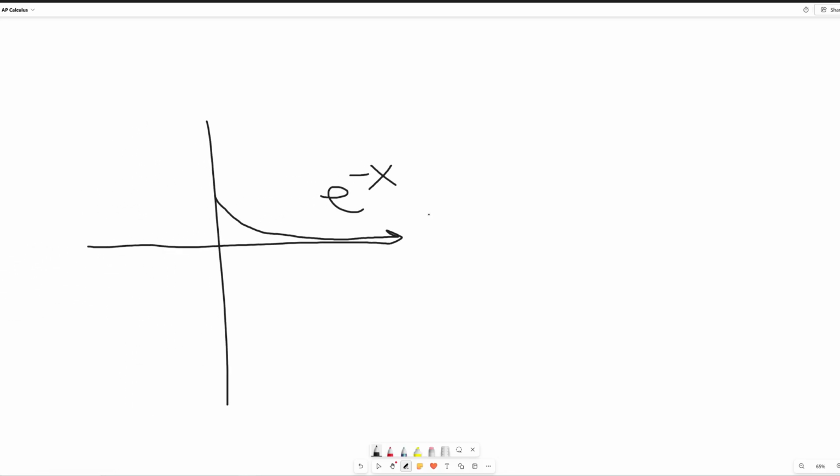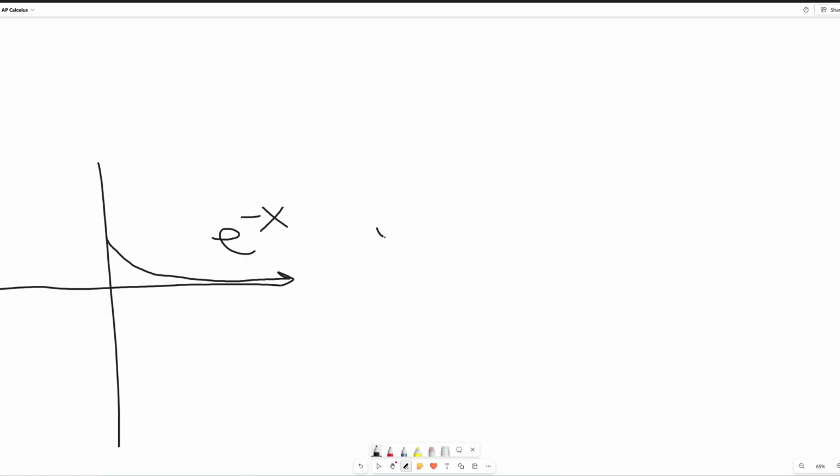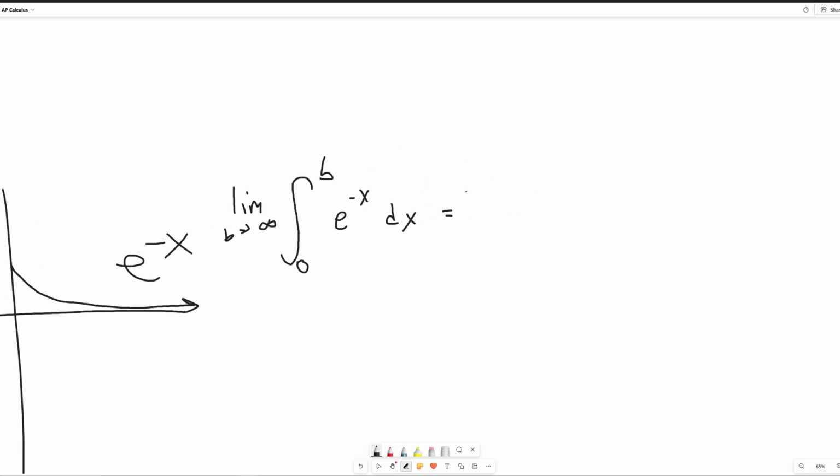So, let's figure it out. The integral from 0 to infinity of e to the negative x is the limit as b approaches infinity of negative e to the negative x.